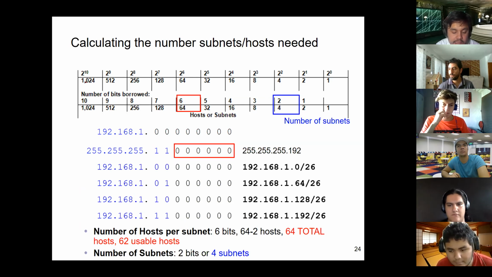So basically, this is how your network would look. You have these 2 bits here as the subnet.